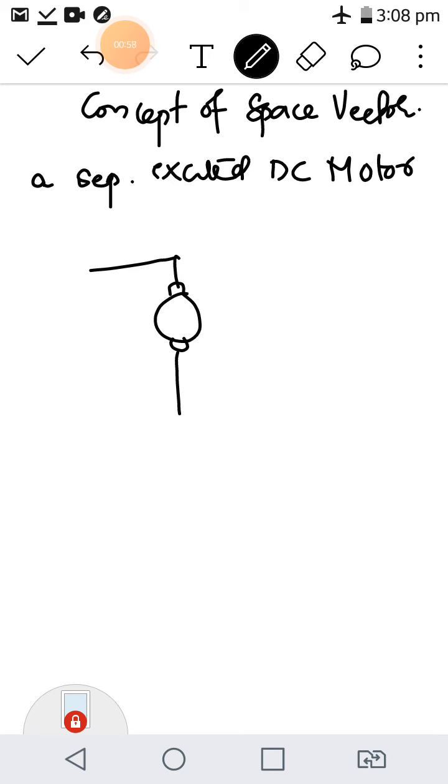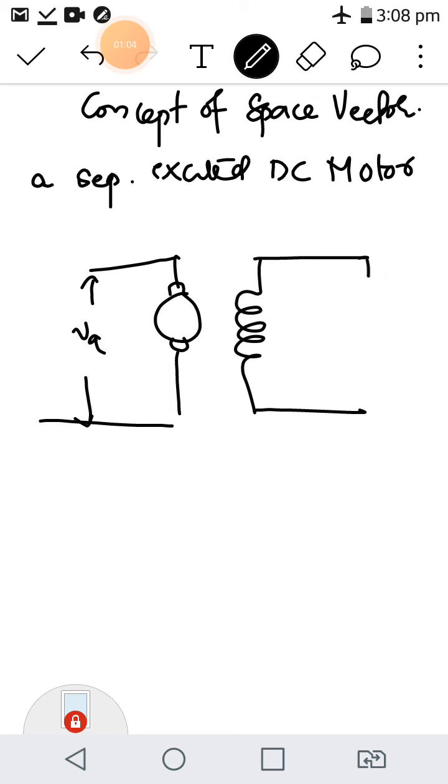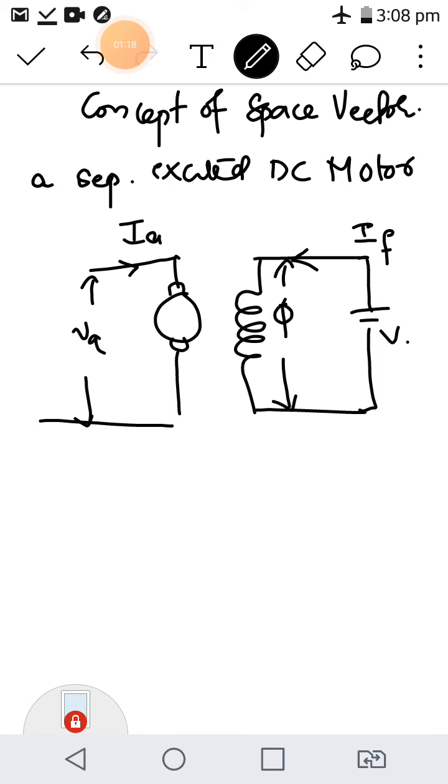The armature is excited with a supply voltage VA, and the field is also excited separately from another voltage source. Let this be the field current IF and this the armature current IA. Due to IF, flux phi is created, and due to IA the torque is produced in the machine.